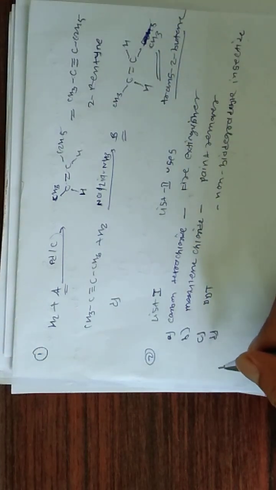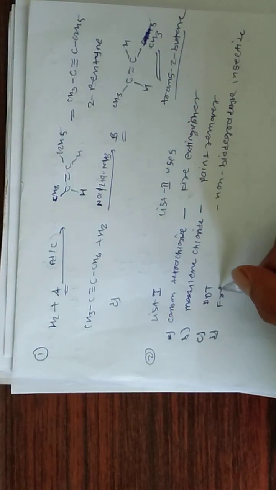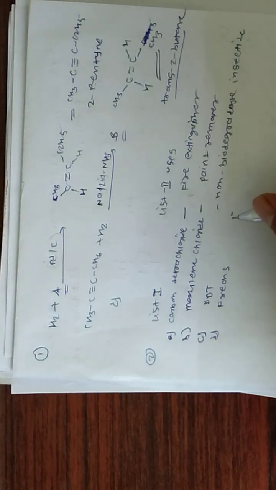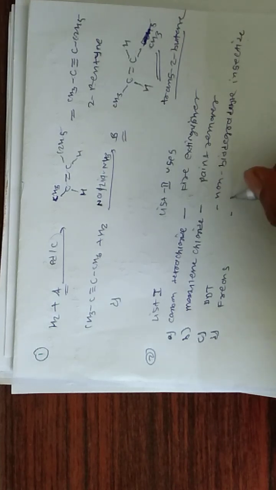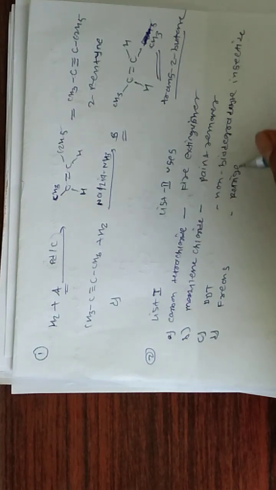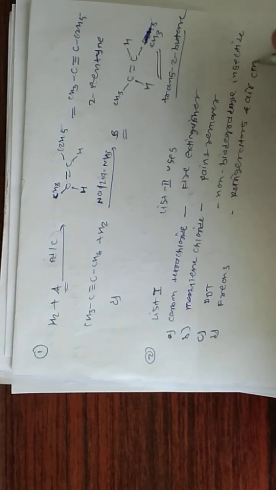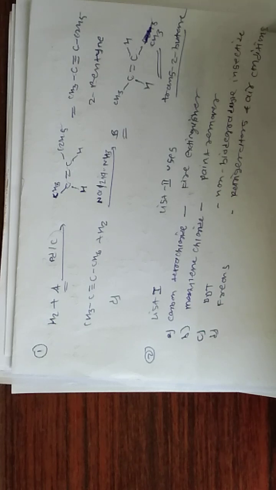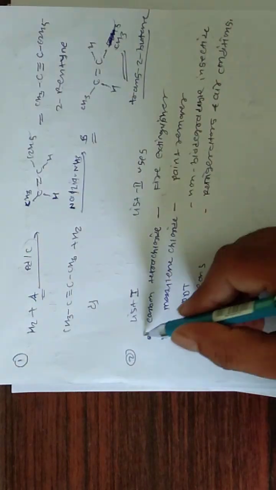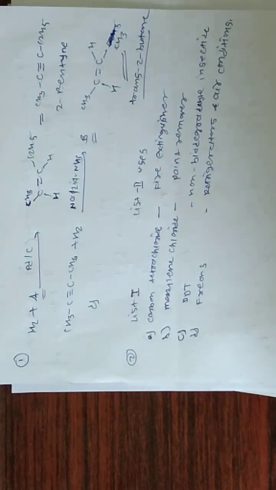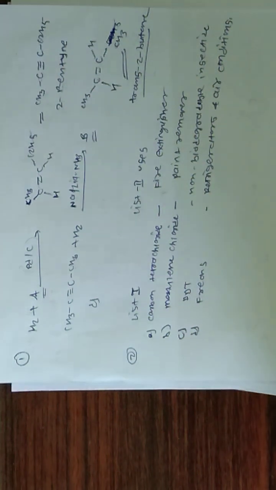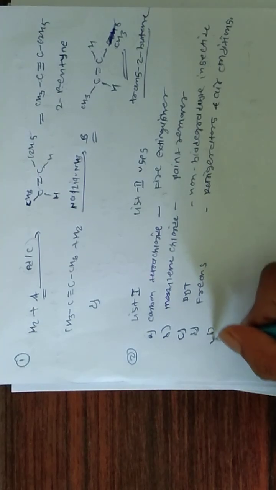And the last one is freons, which are used in refrigerators and air conditioners. So this is the answer to that question. Among the four options, the second option is the match, so option B of that question is correct.